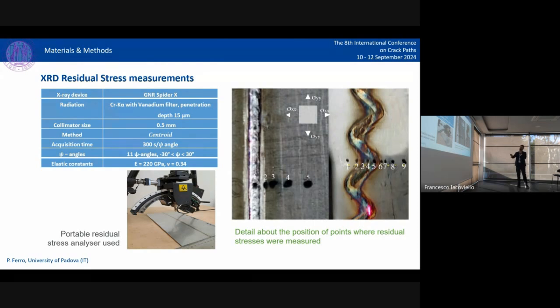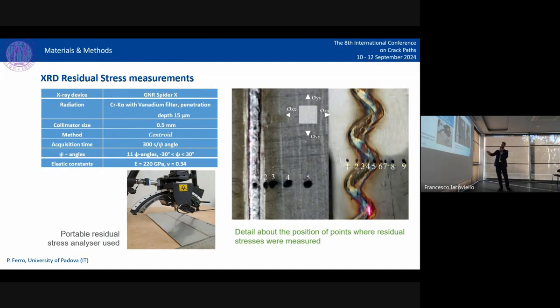And in the picture on your right, you can see the different points where the residual stresses were measured. In particular, you can also see the components of the residual stresses. This is the longitudinal residual stress that is parallel to the welding line, and the transversal component of residual stress that is, of course, perpendicular to the welding line.